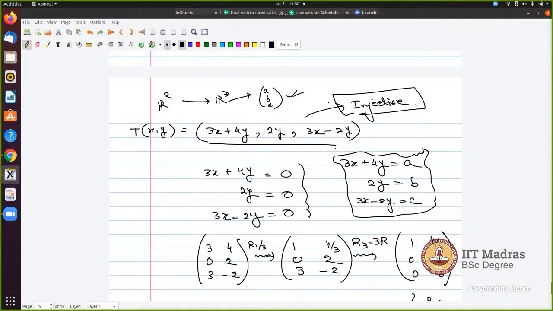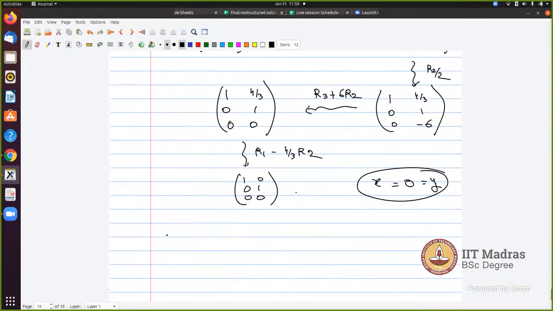I did not want to say this in week 5 itself, but whenever you check injectivity, you really don't have to bother about surjectivity because there is something called the rank-nullity theorem. Rank of T plus nullity of T equals the dimension of V. It is in week 6 although. We already know that kernel and image both are vector subspaces.